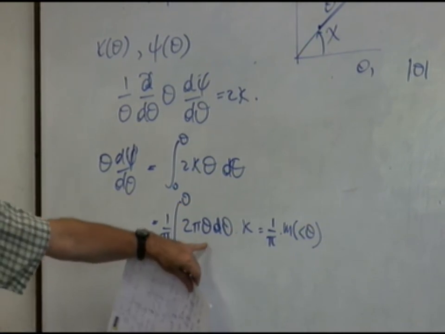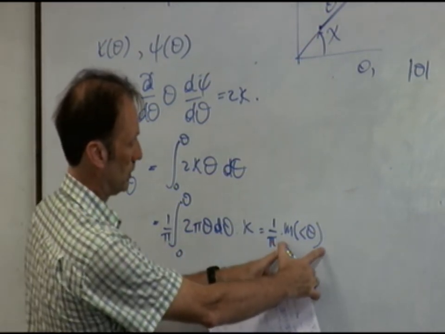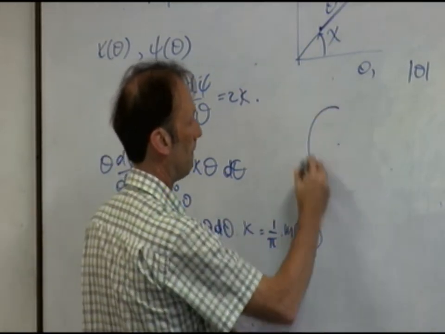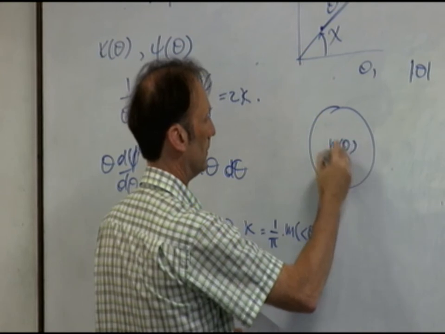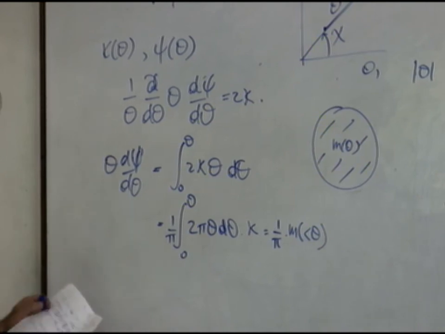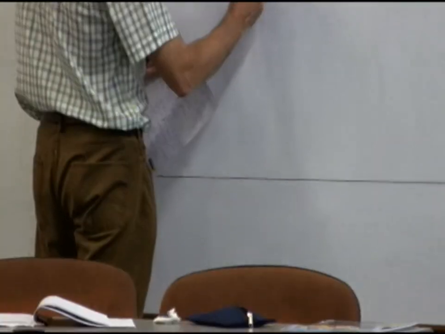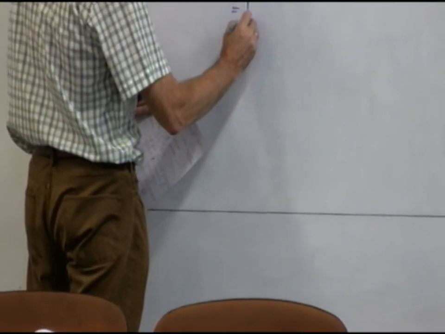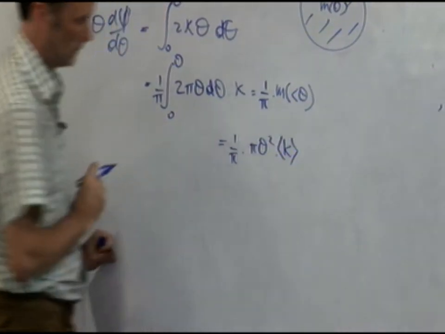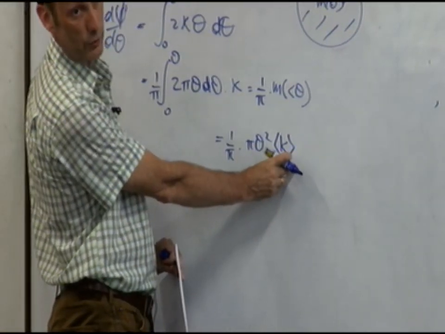If you put in the pi, then you get the usual 2 pi r dr. And so this whole integral is simply the total mass enclosed within the disk. Another way to write this is the area of the disk times the average surface density in the disk.